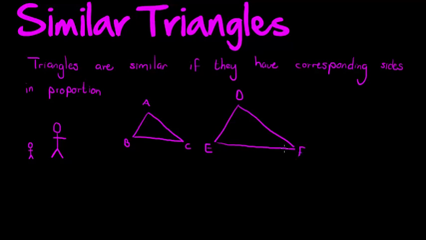So in other words, if I have these two triangles, and I take AB and divide it by DE, I'll get the same answer as if I take AC and divide it by DF. You see, I'm dividing sides that are corresponding sides with each other.